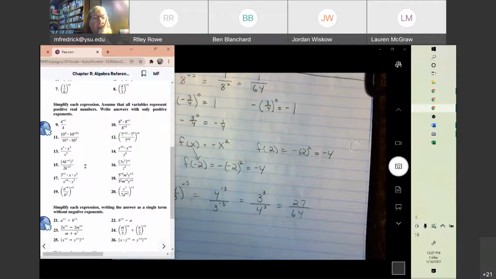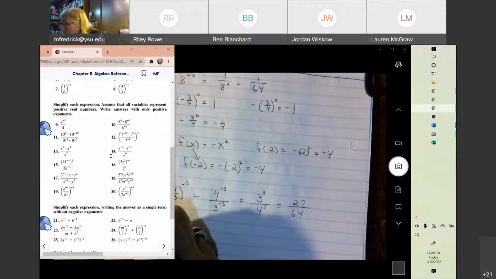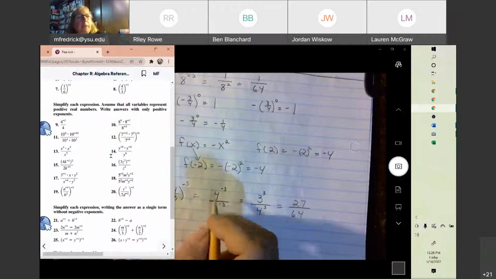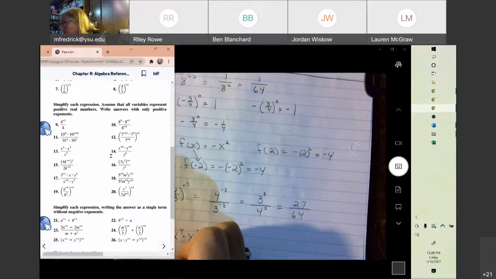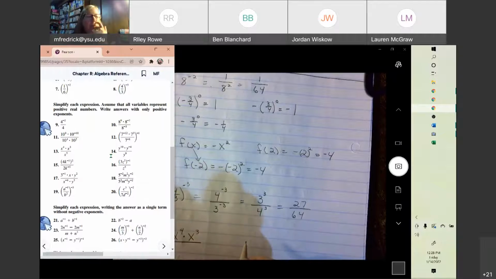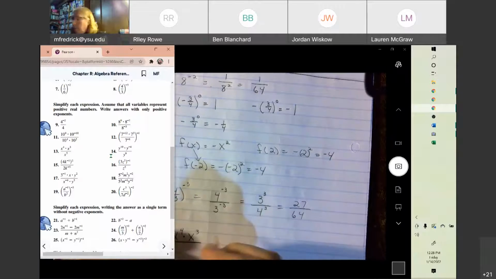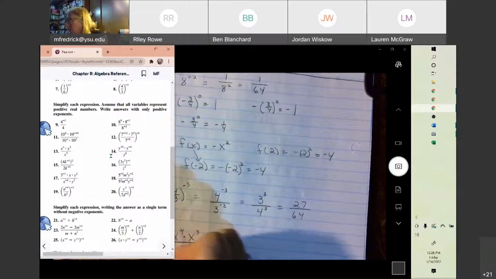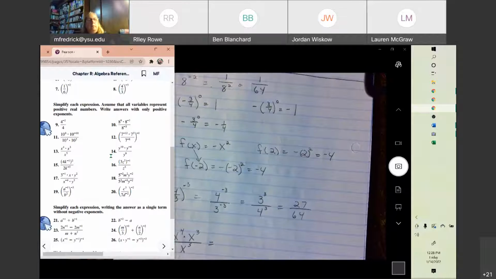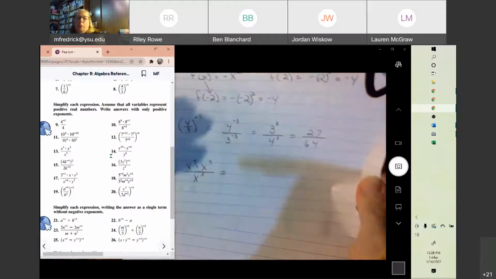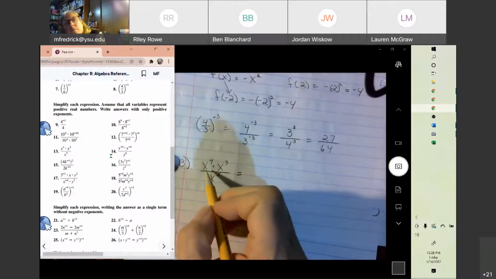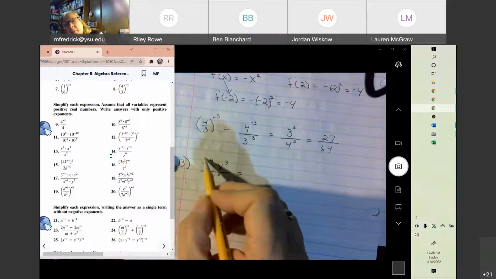Let's look at number 13 first. x to the fourth, x to the third, over x to the fifth. When you're multiplying, you add the exponents.